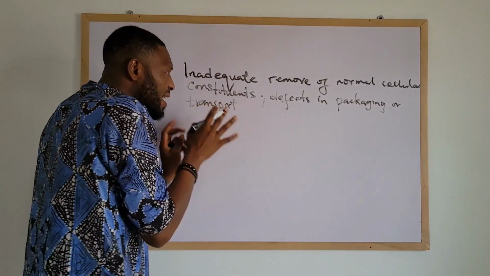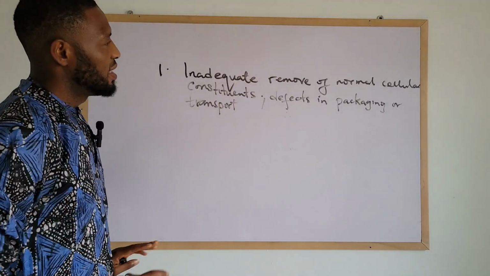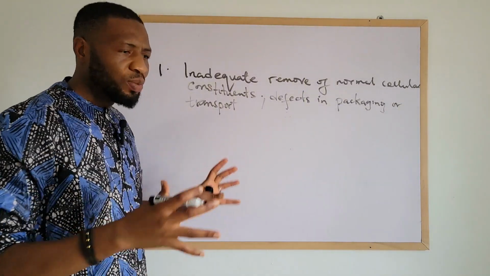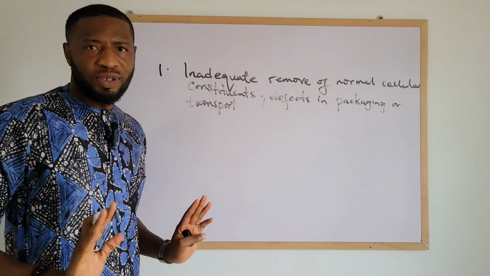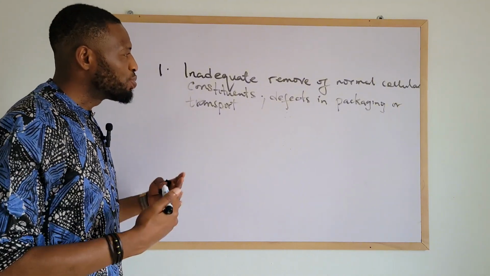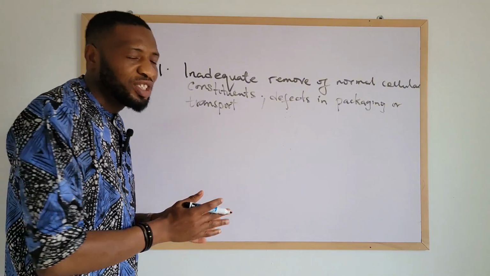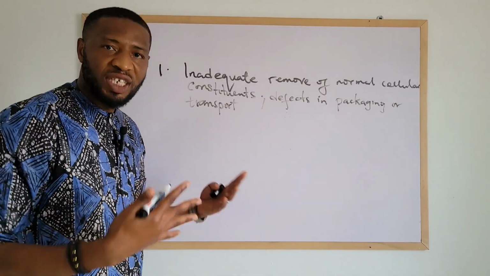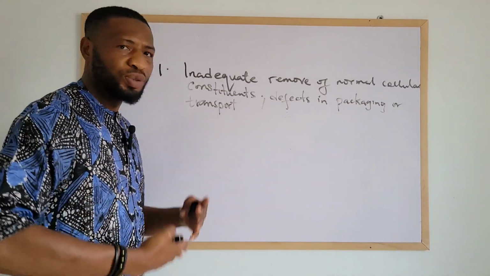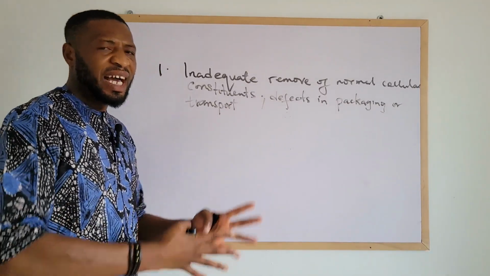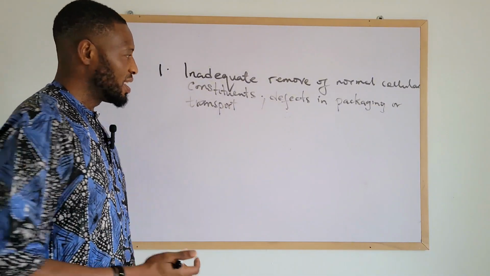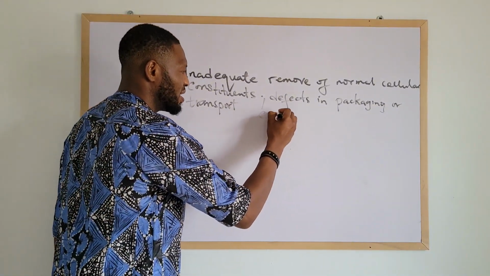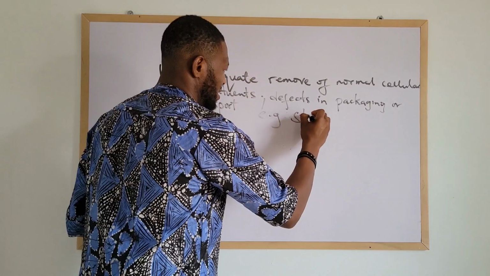In this case, the constituent that is accumulating is actually a normal product of the cell. But because there's a problem with packaging that constituent and transporting it, they will not be removed efficiently. And so as they continue to be produced, they remain in the cell and they accumulate within the cell. One classical example is steatosis.